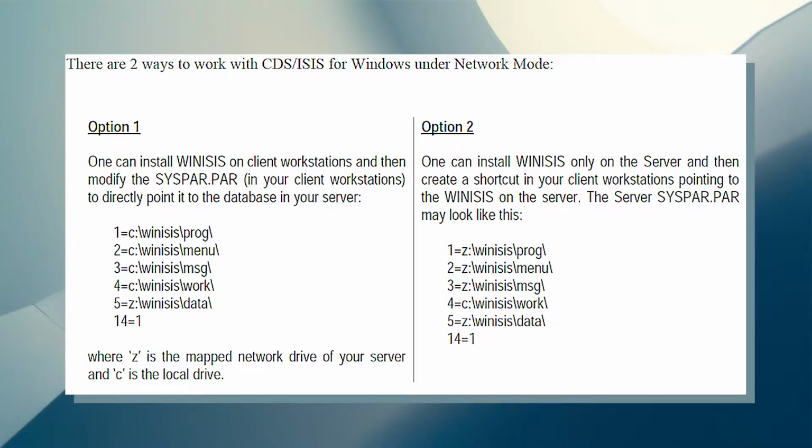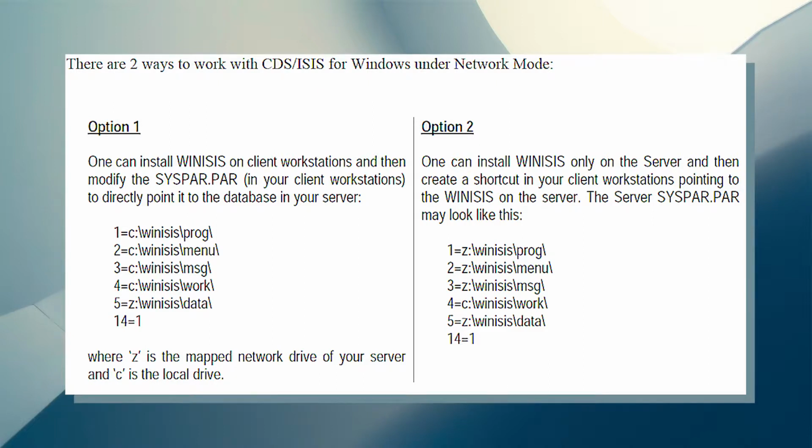If it is 0, WinISIS cannot run on a local area network. If it is 1, then only it can run on a local area network. But in this case, as CDS/ISIS for Windows is not available in your local directory or local setup, you have to replace C: with Z:, provided Z: is the mapped drive of your server drive.